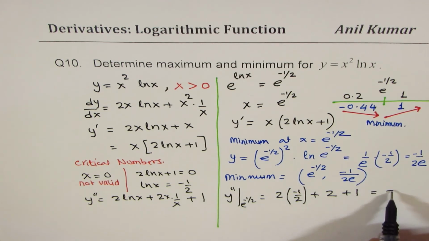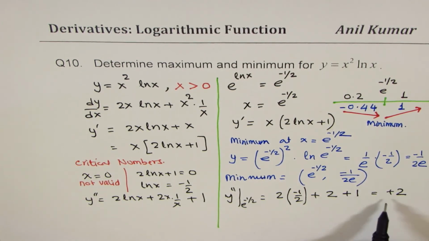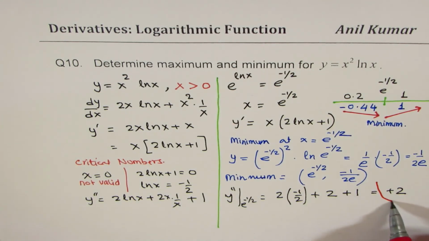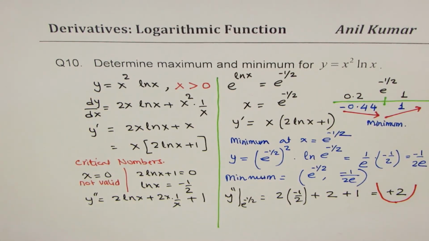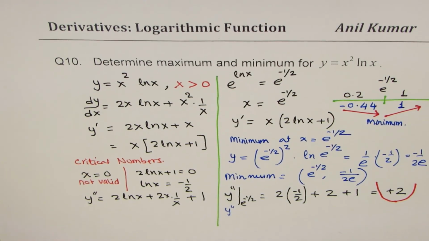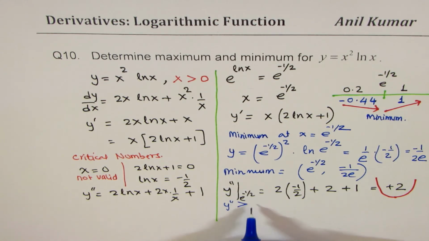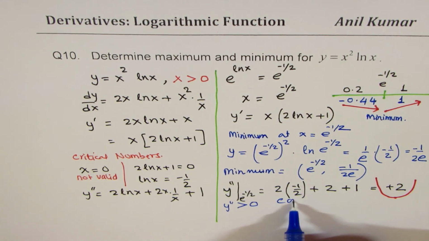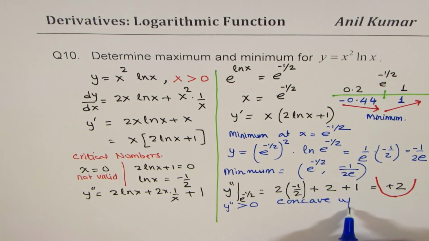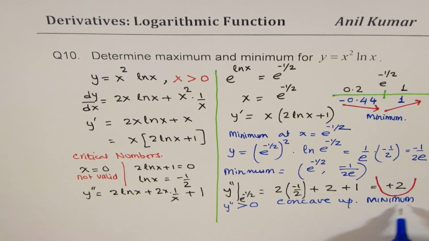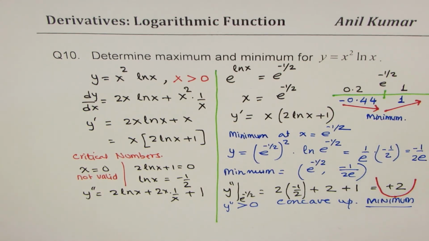So that gives you plus 2 as your answer. Since the second derivative is positive 2, we are looking for concave up, right? So since the second derivative is greater than 0, we have concave up, and that means we have a minimum. So that could be the second way of figuring out whether the critical number represents a maximum or a minimum.